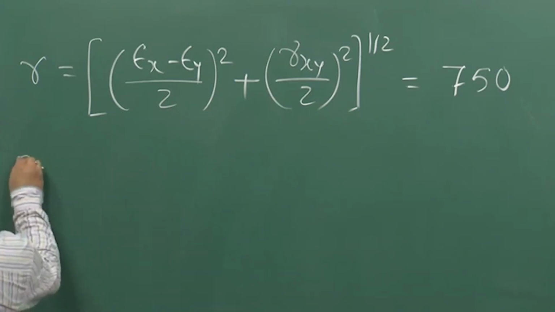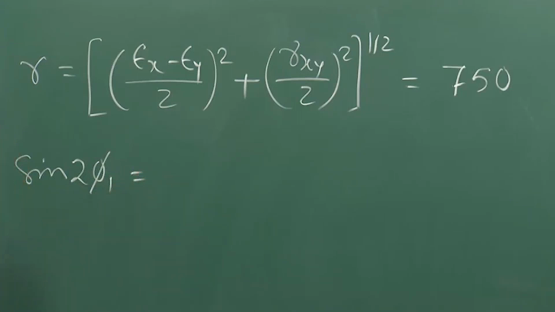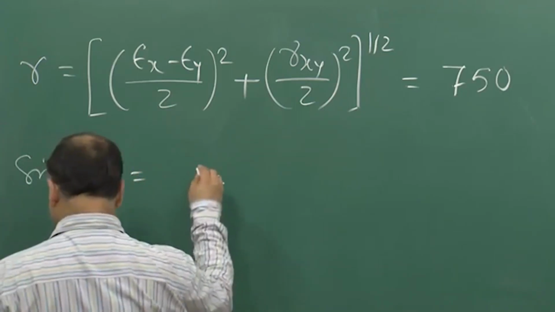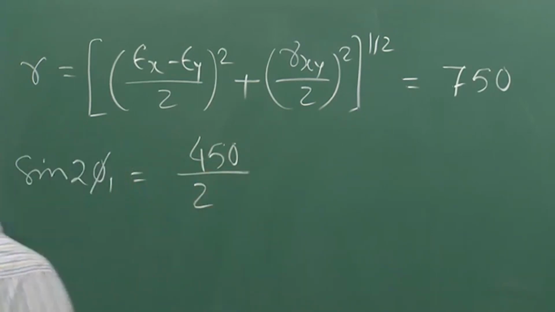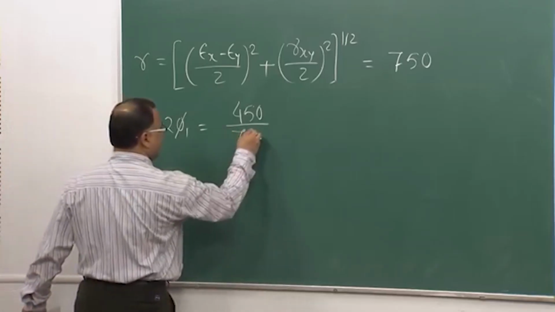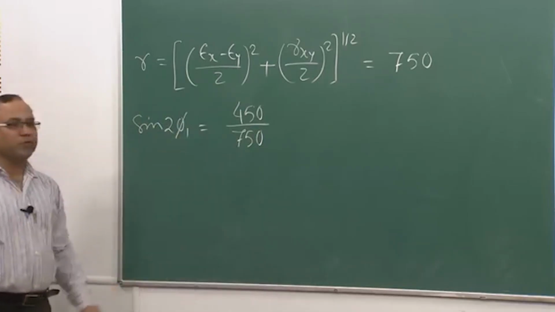So, therefore, from the figure, sine of twice phi 1 is nothing but 450 by 750. Right, what is 450?